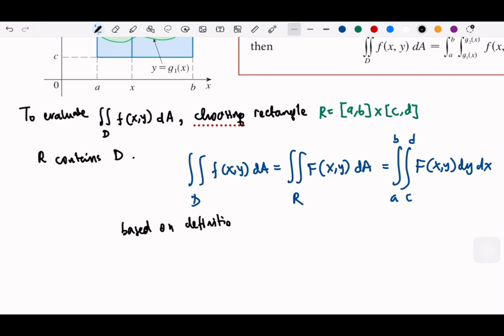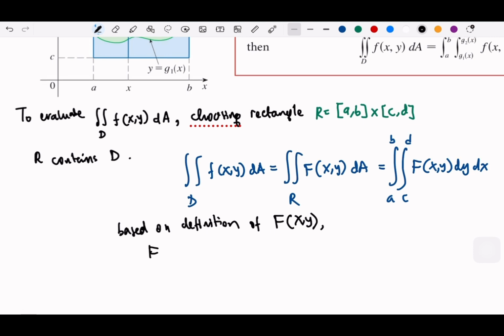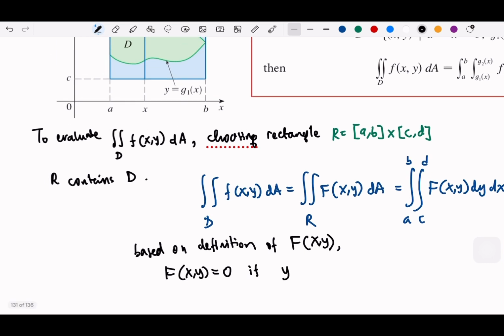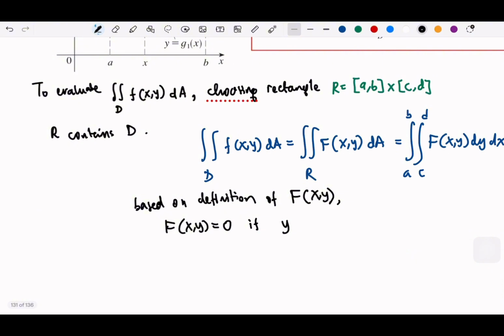F itself will be 0 if y is outside of D, or we can say if y is less than g1 of x, or y is greater than g2 of x.